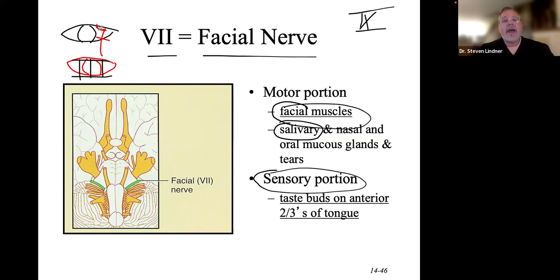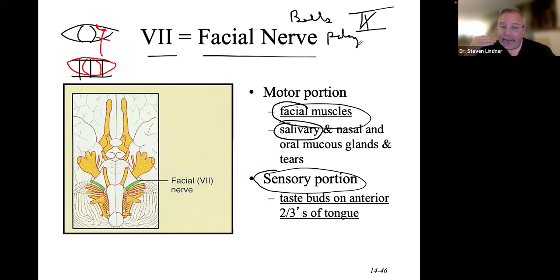So when people have a clinical condition, a virus that attacks the facial nerve, we call that Bell's palsy. Bell's palsy, that's where you lose the ability to control the facial muscles on half the side of your face. So you can smile, but half your face doesn't.